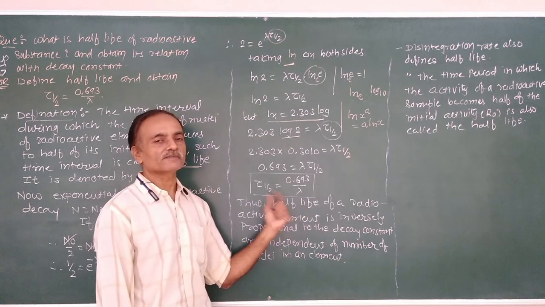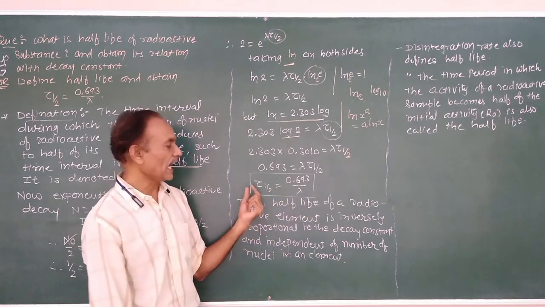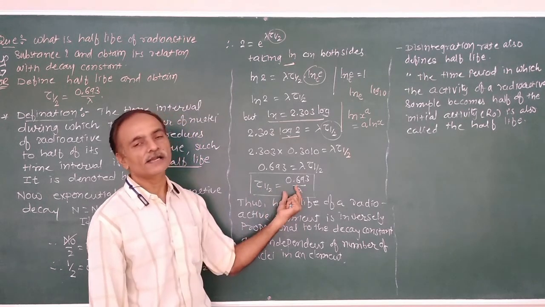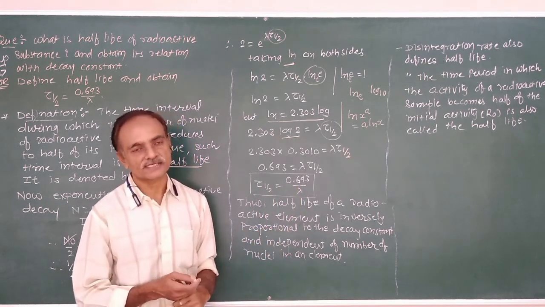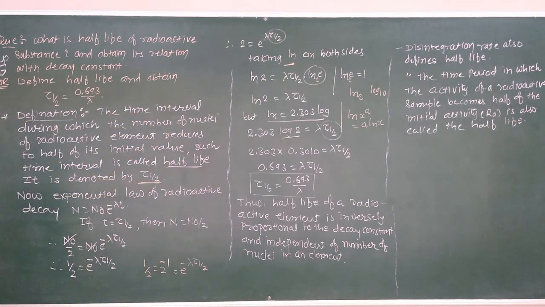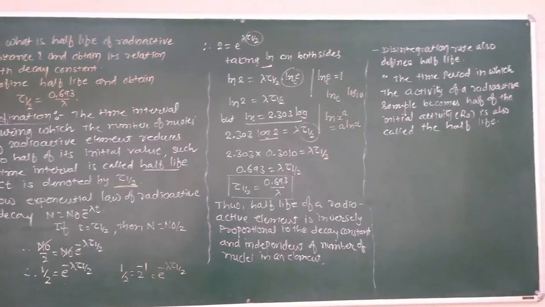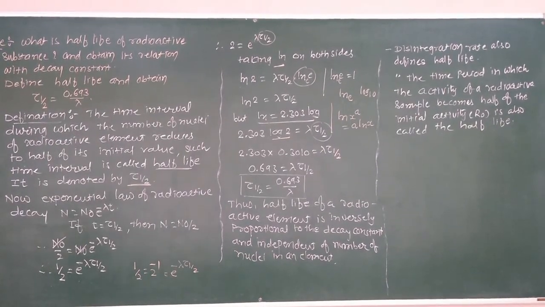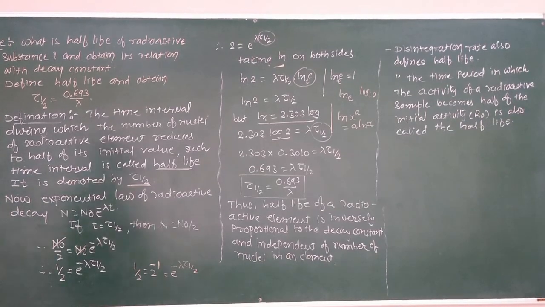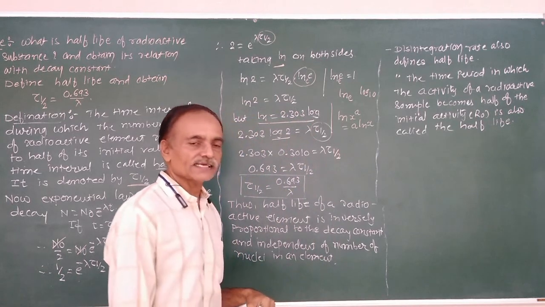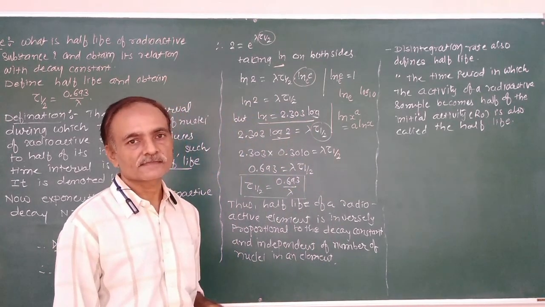Clear? So from this equation, one can say that the half-life of a radioactive substance is inversely proportional to the decay constant or radioactive constant. Now we can also define the half-life from the disintegration rate. Disintegration rate means the activity of the substance.